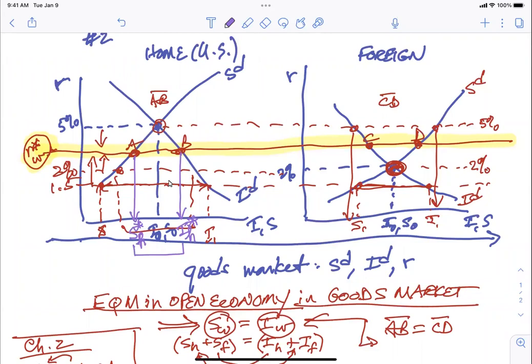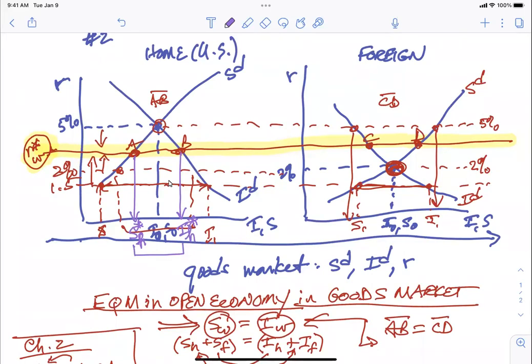This is kind of review now. I know that because I've drawn it enough times, I've done enough of these problems, and you should get to that point. So if I want the home country to show a trade deficit, I know that I has to be bigger than S.